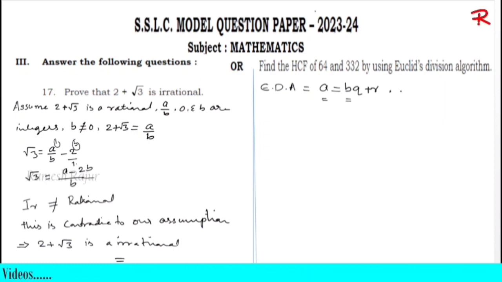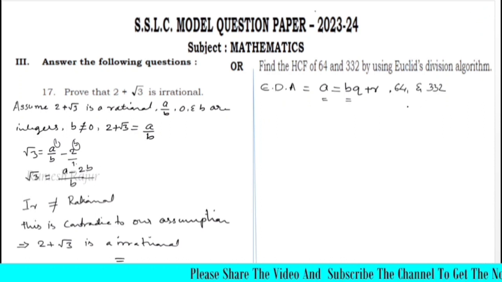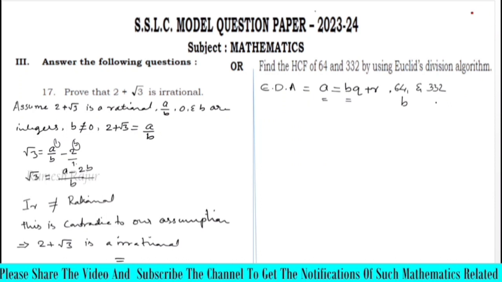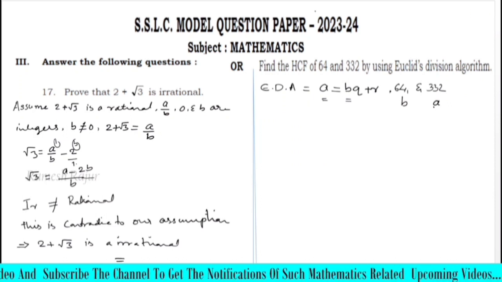In the given example, we have 64 and 332. In the first stage, the divisor will be 64 and the dividend will be 332.